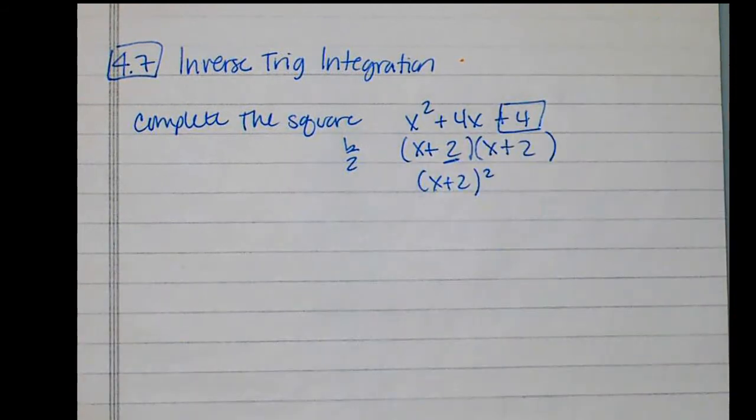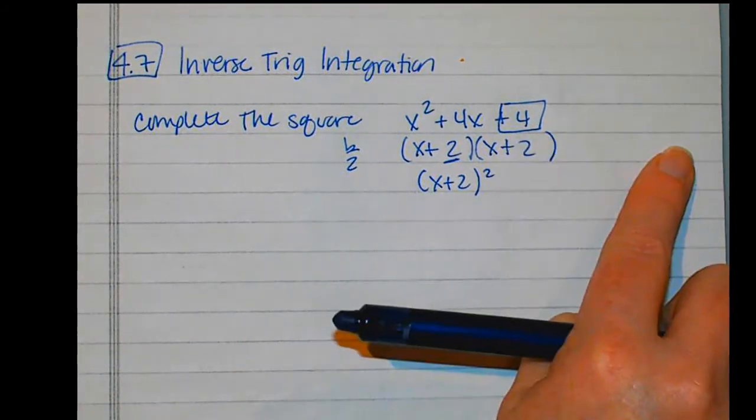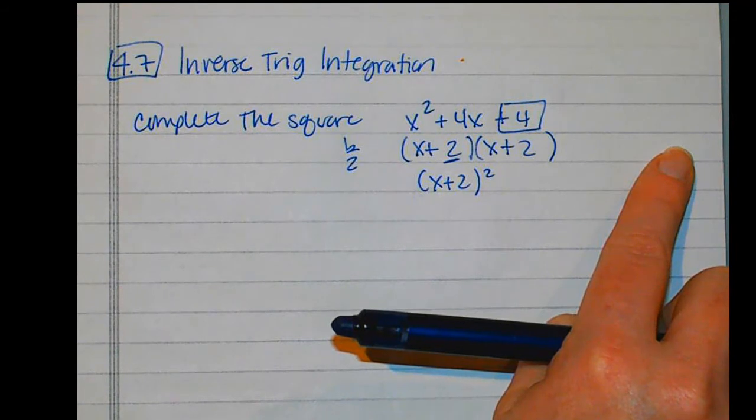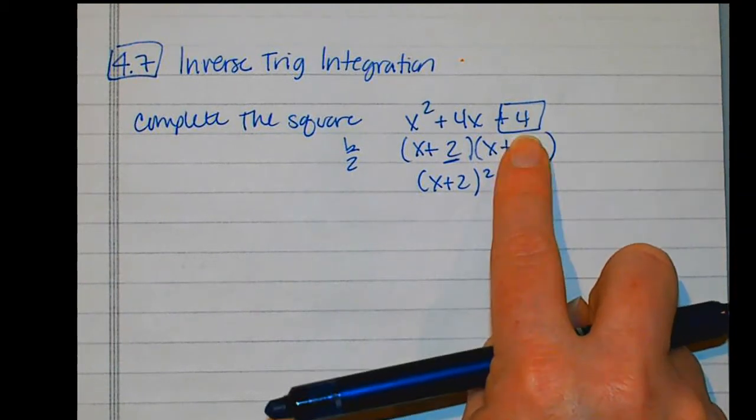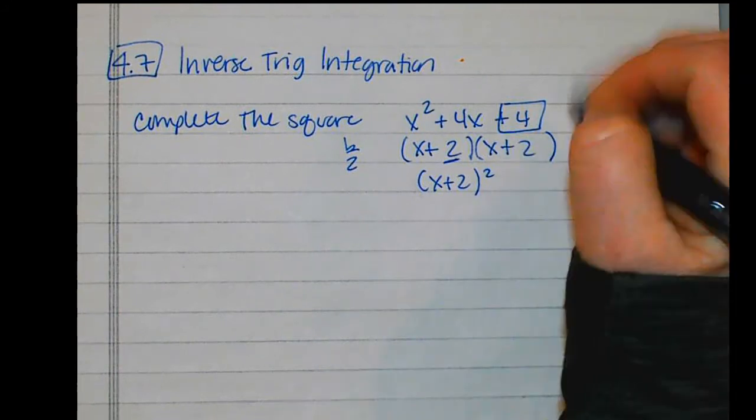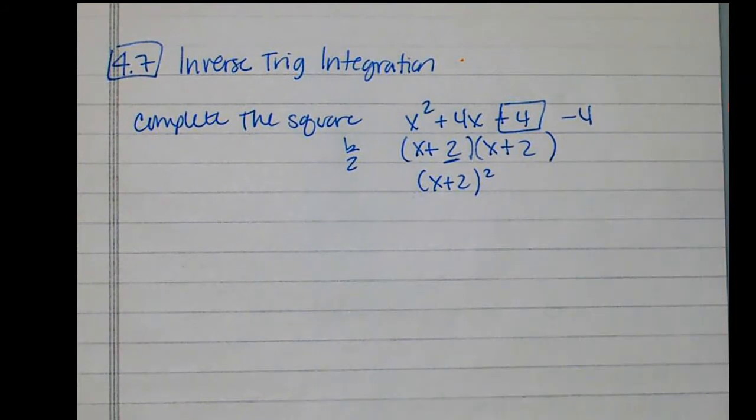Okay? And when we did this with complete the square in Algebra 2, we added it to this side and then we added it to the other side. But we're not doing that in the trig stuff. In the trig, we have to make it 0. We have to account for this plus 4 by also subtracting 4 somewhere else.